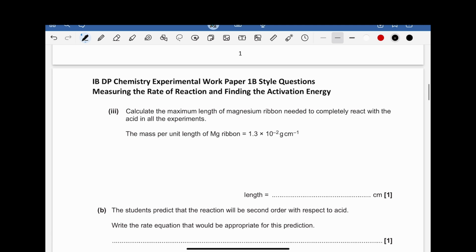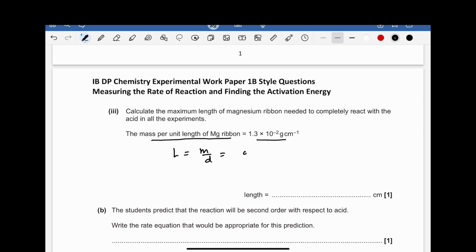3. Calculate the maximum length of magnesium ribbon needed to completely react with acid in all experiments. The mass per unit length of magnesium ribbon is 1.3 times 10 to the power minus 2 gram per centimeter. So in other words, this is density, and length will be equal to mass over density.